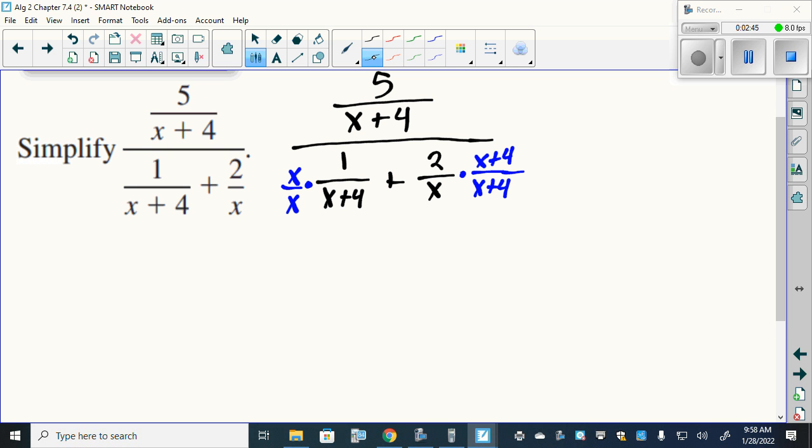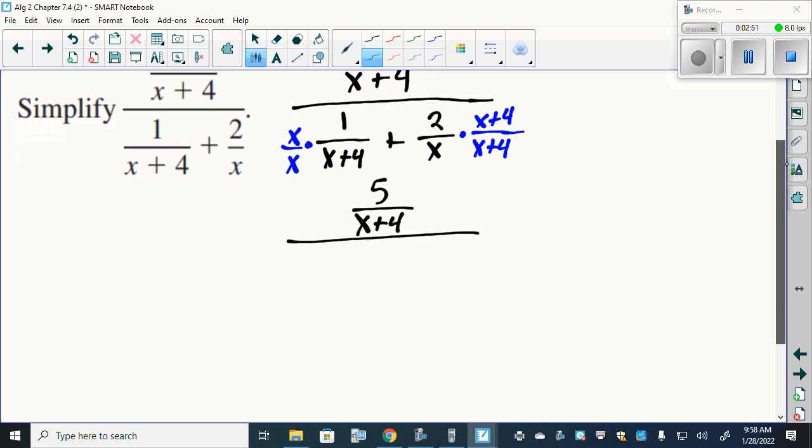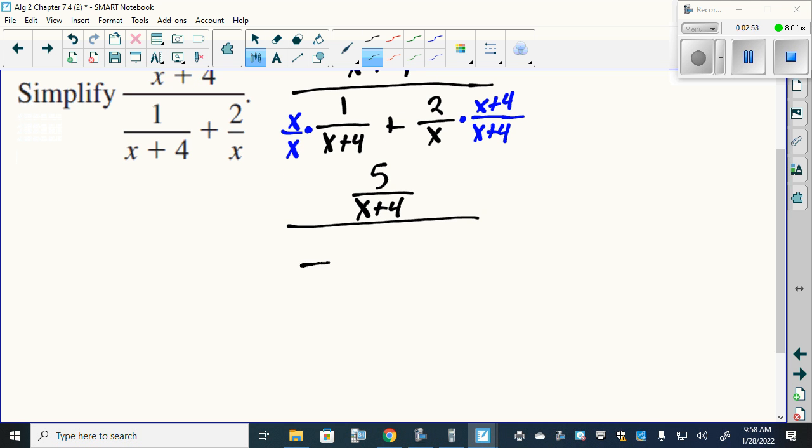And if we do this here, the numerator is still going to stay 5 over x plus 4. Now the denominator, the first one is going to be x over x times x plus 4. I'm not going to factor it down, or multiply it out. The denominator here is going to be x times x plus 4. And the numerator is going to be 2x plus 8.